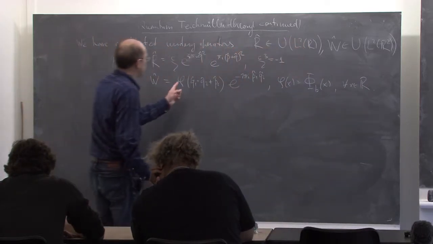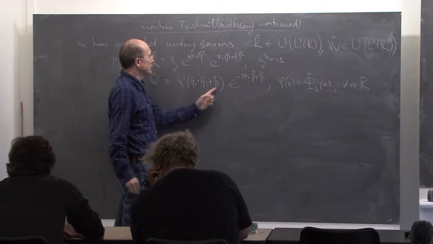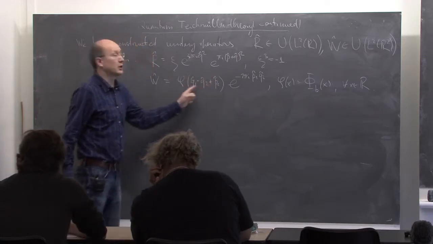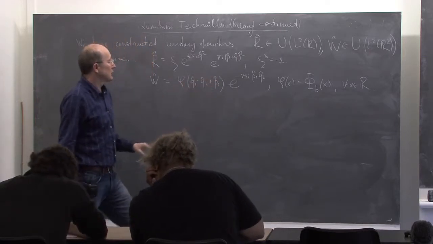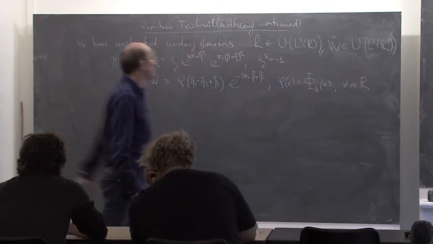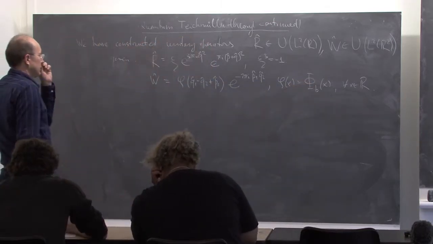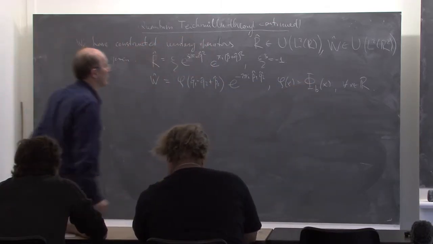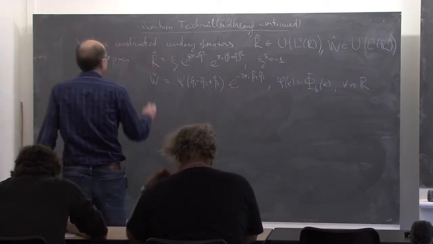So the argument of this function is real because this is a self-adjoint operator. So we need just the restriction of the function phi to the real line.